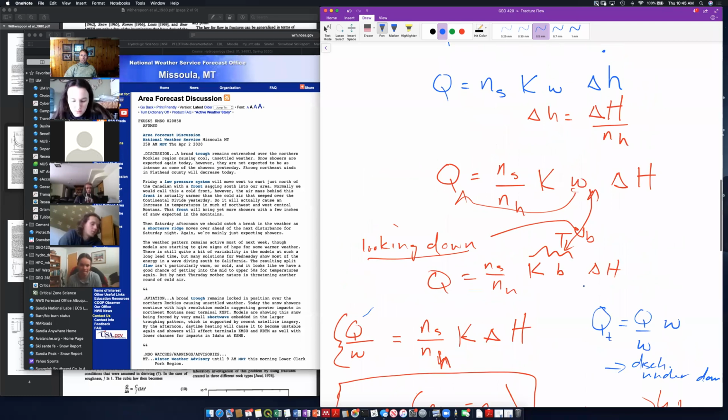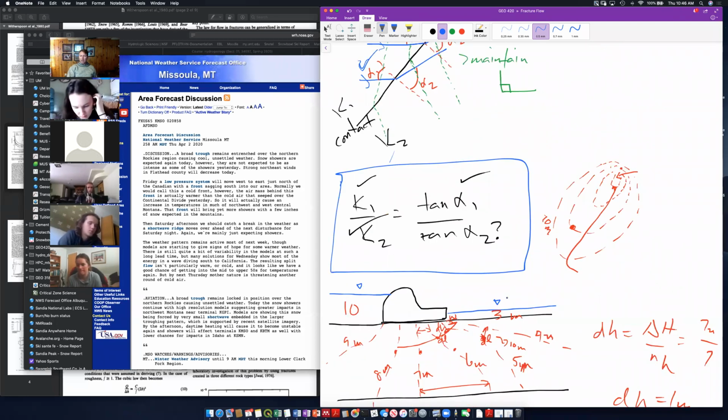Now, the second question is a mass or a reservoir balance. How would I decide? I have some amount of water coming in, Q in, that I gave you. It's coming into the top of my reservoir. How do I know whether this reservoir would be filling or draining?